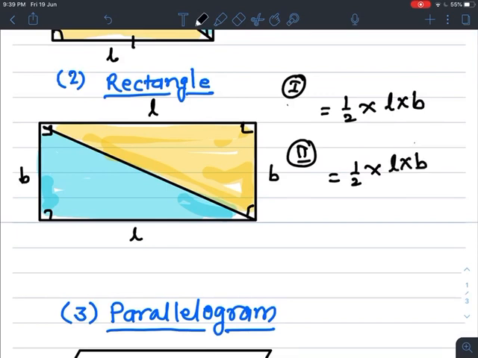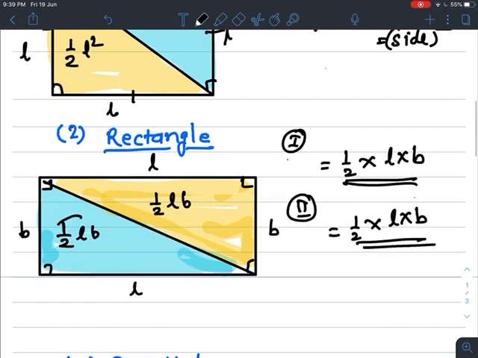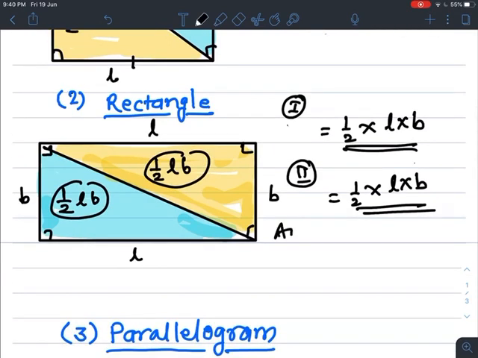Now you got the area of the blue triangle is half L into B, means half LB. The area of the yellow triangle is also half LB. So therefore I can write the area of the rectangle, means this figure, is the addition of these two areas.